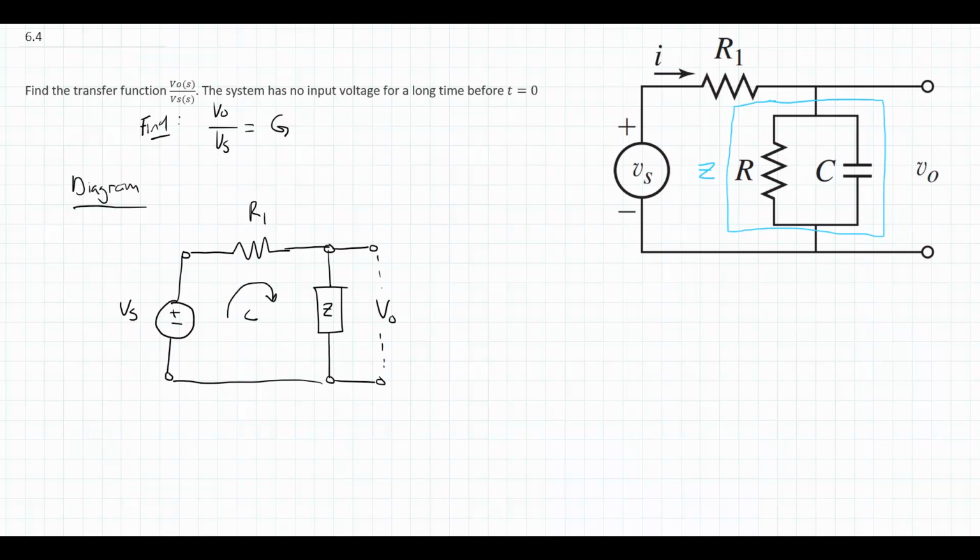And we have some current I will assume is clockwise. I'm going to need to define this impedance Z as I go through in my equations here, but I've been able to simplify the diagram a little bit from what was given by turning the resistor and capacitor in parallel into this impedance block. Now we can go and start to write some equations.